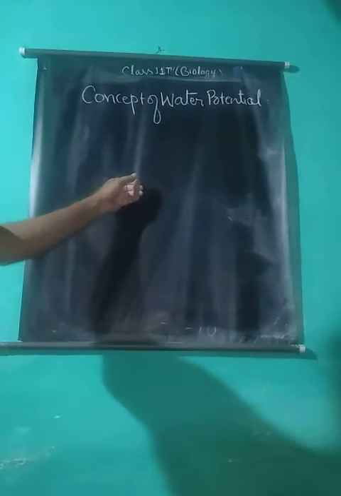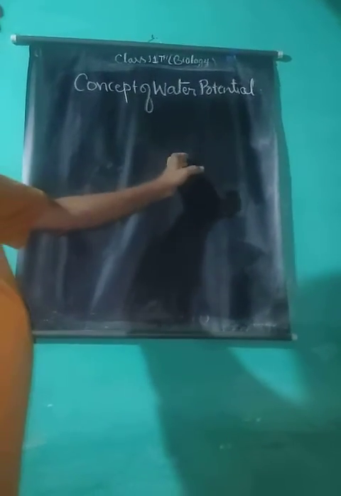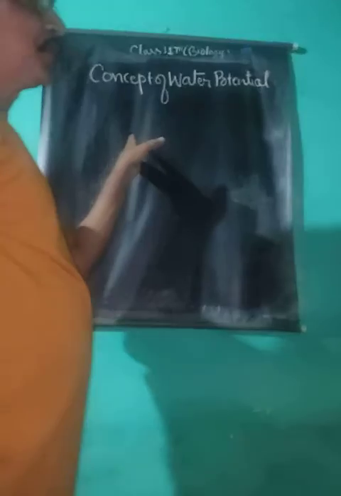Means one side pure solvent is present and the other side a solution of that solvent is present. So free energy of pure solvent is greater in comparison to free energy of solution. Therefore, movement of solvent molecules takes place from pure solvent to its solution.